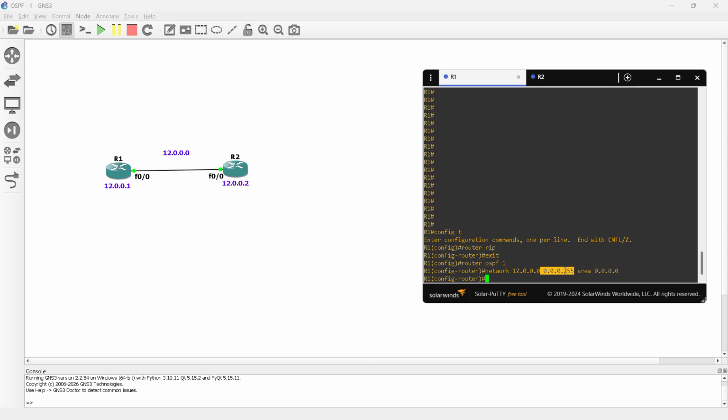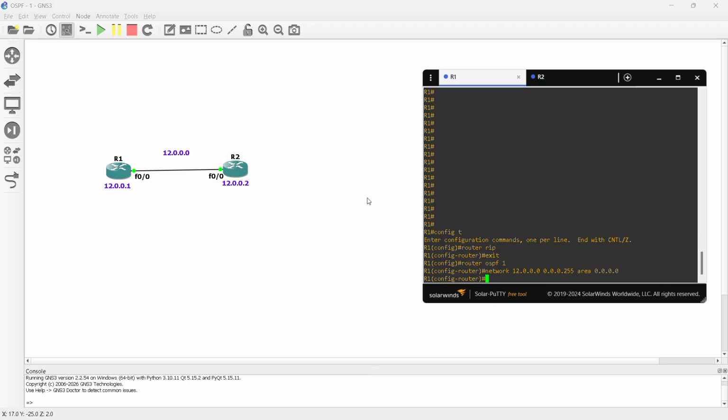In our inverse mask, what we do is we make all our host bits all ones. That helps us identify and differentiate between network and host. We'll see in a classic example how it gives us leverage, but for now this is our inverse mask, where the host bits are all ones. After that there is the area, which is our area 0. This is how we write it, 0.0.0.0. Now at this point we have only configured our R1, not R2.